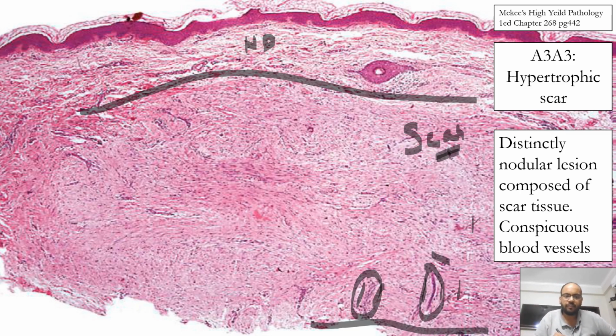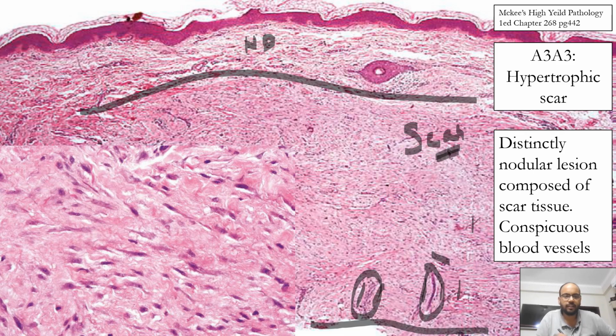Okay. And if you look at the picture, this is nothing but fibroblast. And how to recognize fibroblast? They are cells which are tapering at both ends, like this, and you have a nucleus in between.